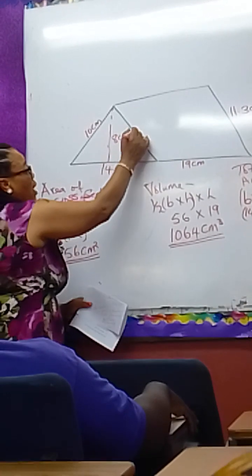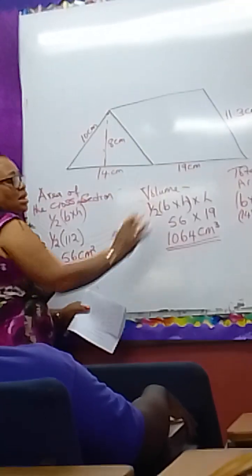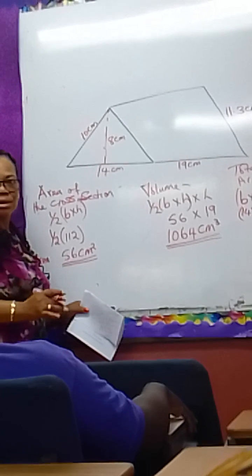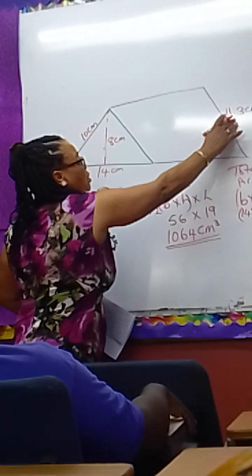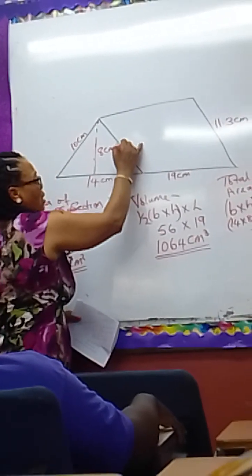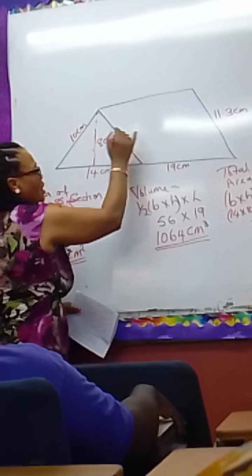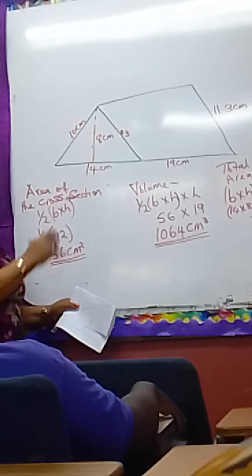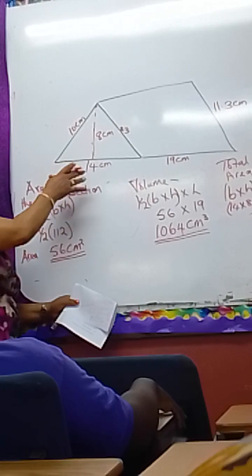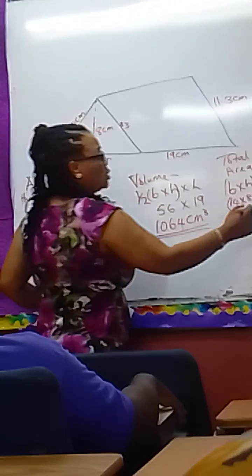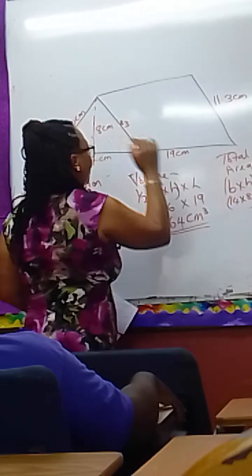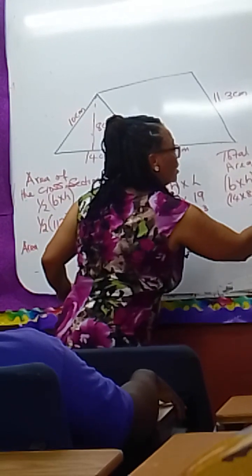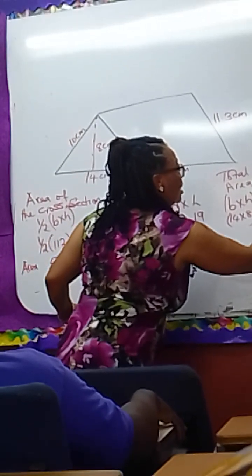So this piece right here is not 10. It's not an isosceles triangle. This piece right here is this piece over here. So right here would be the same thing as 11.3. So if I'm finding the perimeter of this triangle right here, it is going to be 10 plus 14 plus 11.3.